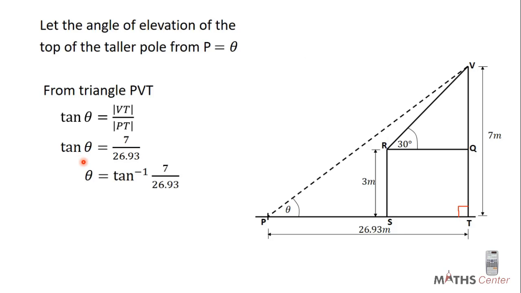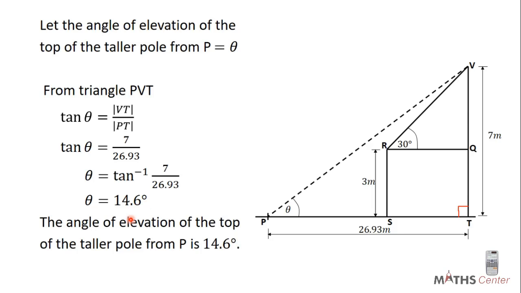To find theta, we find tan inverse of 7 divided by 26.93, which gives us 14.6 degrees. So the angle of elevation of the top of the taller pole from P is 14.6 degrees. Once again, we have applied the trigonometric ratios to find it.